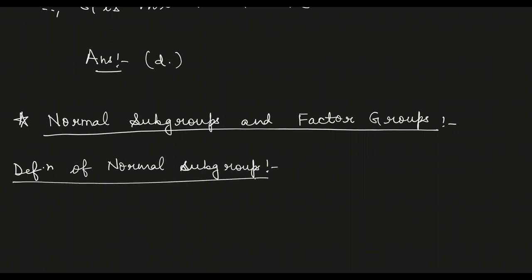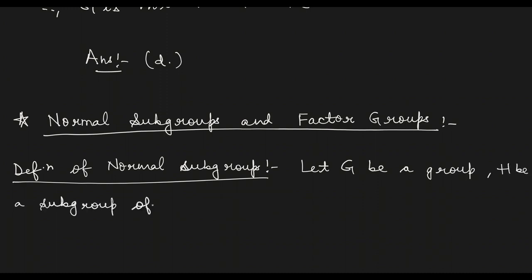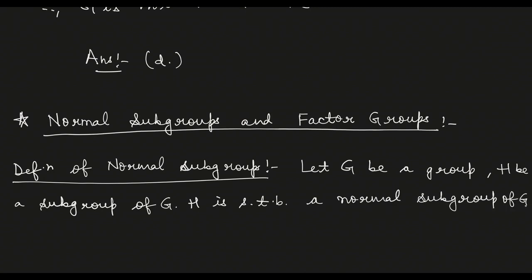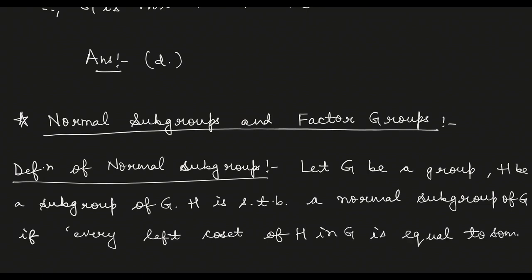Let G be a group and H be a subgroup of G. H is said to be a normal subgroup of G if every left coset of H in G is equal to some right coset of H in G.